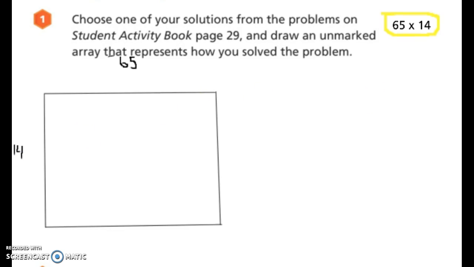So if I look at 65, I know that that's really the same thing as 60 plus 5. So I'm going to break my 65 down into 60 and 5. And I'm going to think the same thing about my number 14. I know that 14 is the same thing as 10 plus 4.